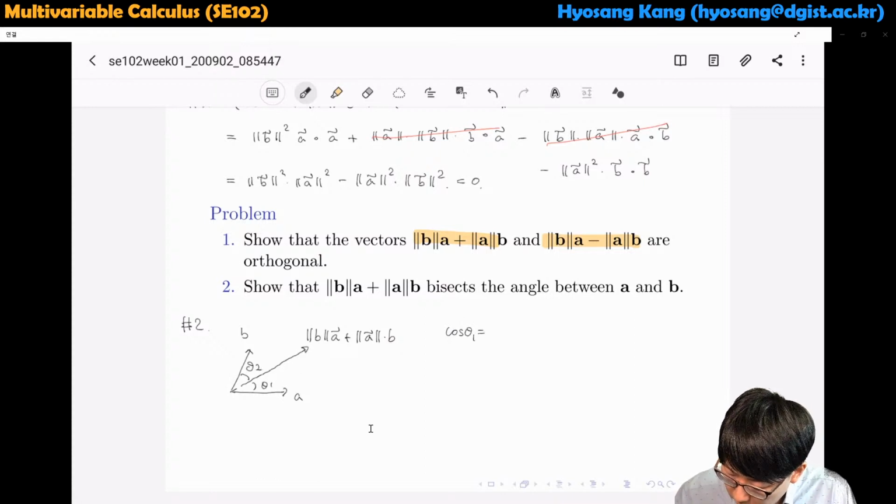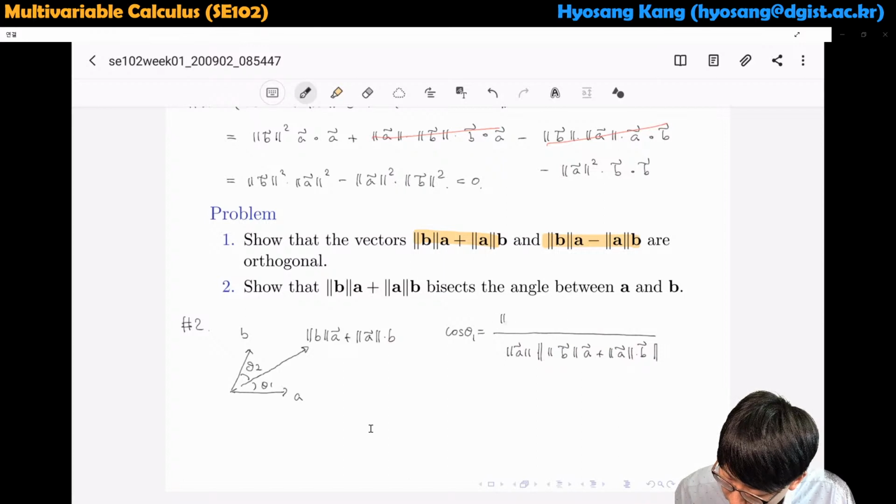Cosine theta 1 is obtained by dividing by the size of A, the size of B, and the size of this vector, and then taking the inner product of B A plus A B with A. Let's compute here.